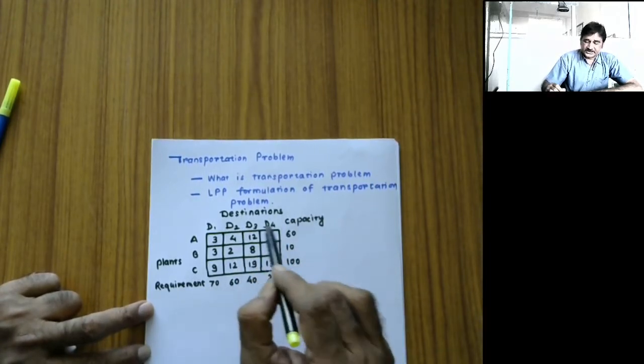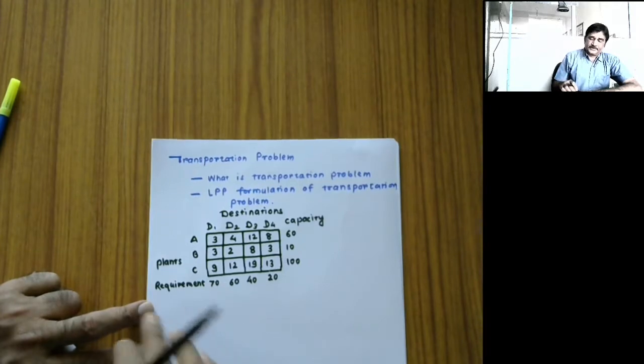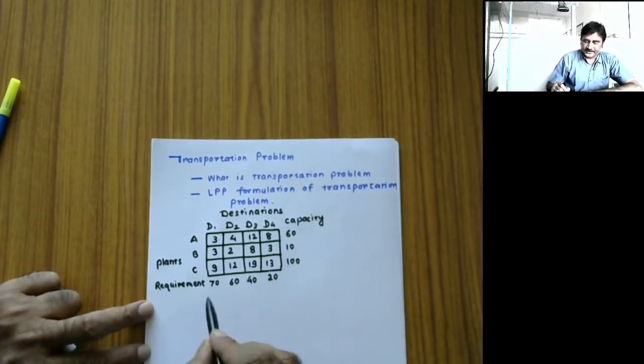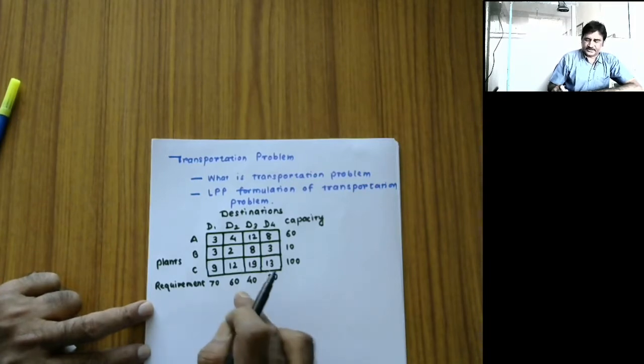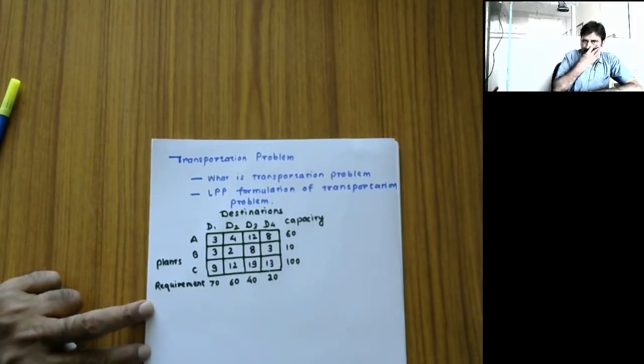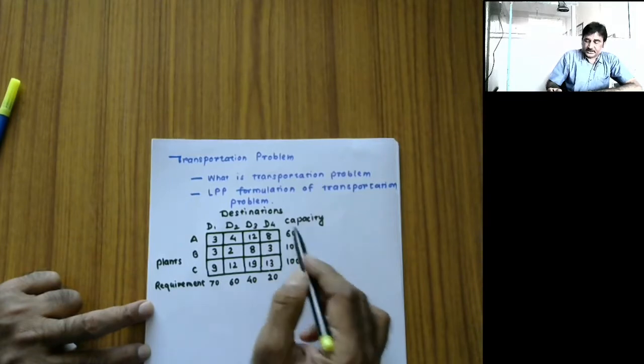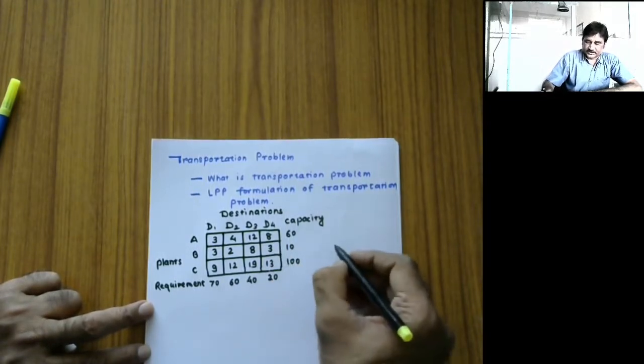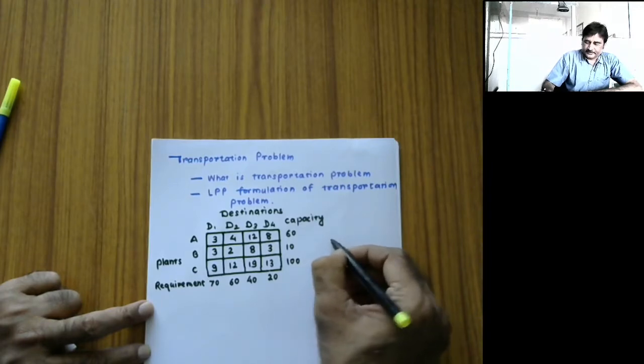Now, these destinations will have a definite requirement of these products within a certain period of time, and that requirement, for example, is 70, 60, 40, and 20. This matrix gives the transportation cost per unit of transportation. Right here, I write it.